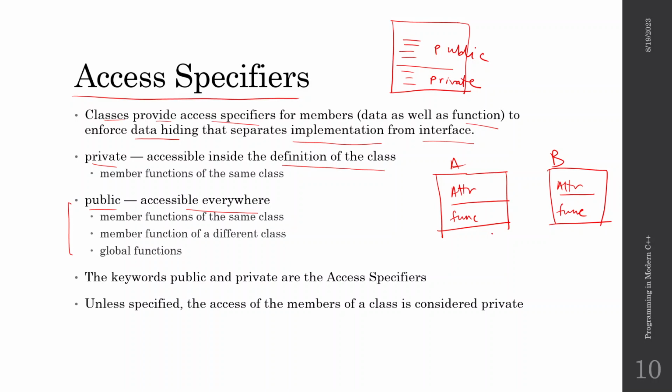So these functions can access the attributes of the same class. They can also access B's attributes. Similarly, B's functions can access the attributes of B class. They can also access the attributes of A class. So everything can access everything.